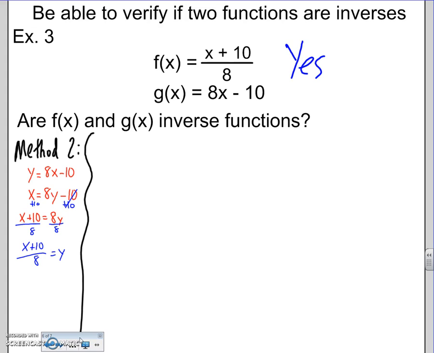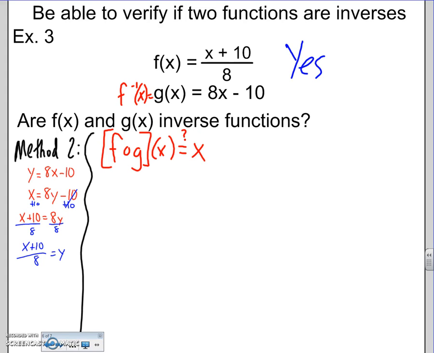We're going to try f of f inverse. Now, actually, instead of f inverse, they called it f and g. So instead of f inverse of x, in this case, it's called g. So let's use that. So we're actually checking if f of g of x equals x or not.